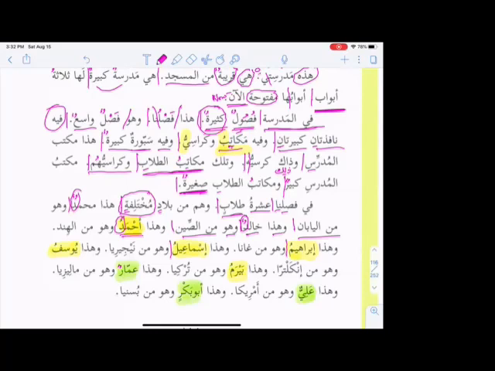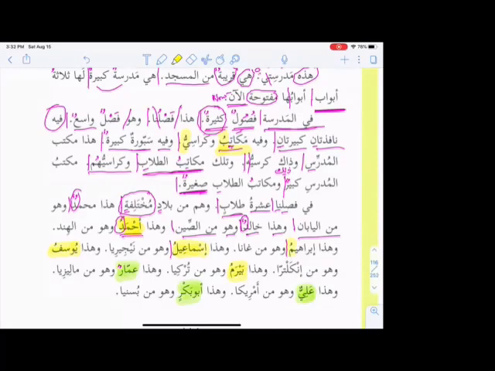وهذا إبراهيم, also my brothers and sisters, this is a single Dhamma here. Why single Dhamma? That is also diptote. So in the next lesson, all these things we are going to learn before we enter into book 2.